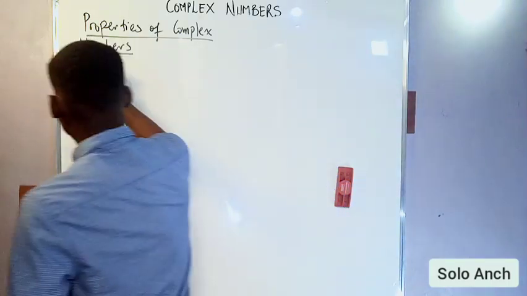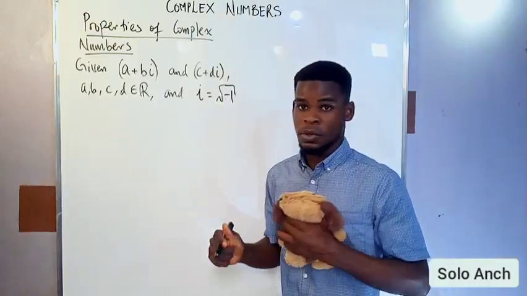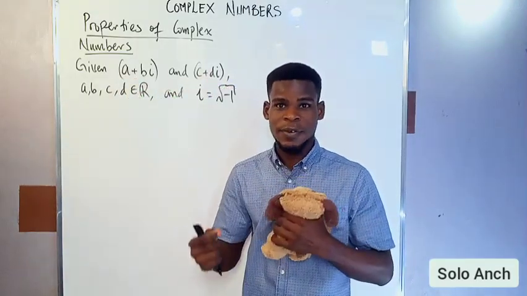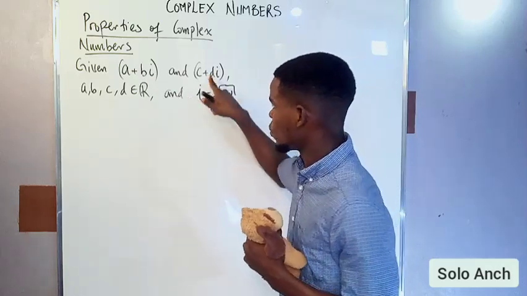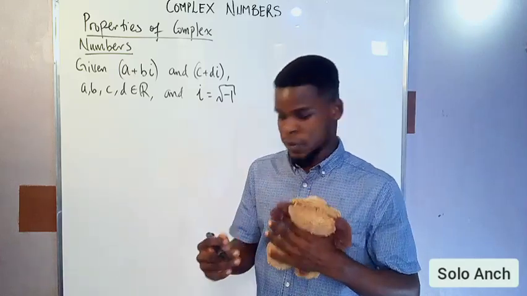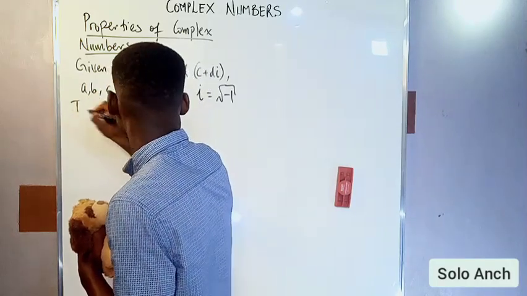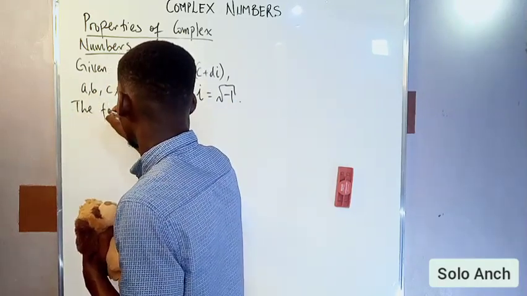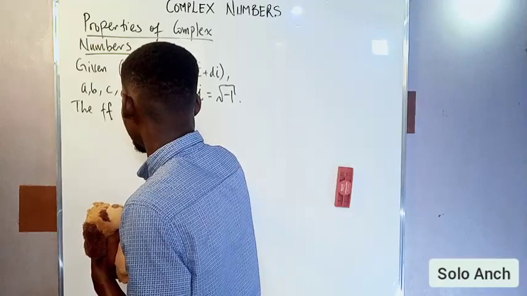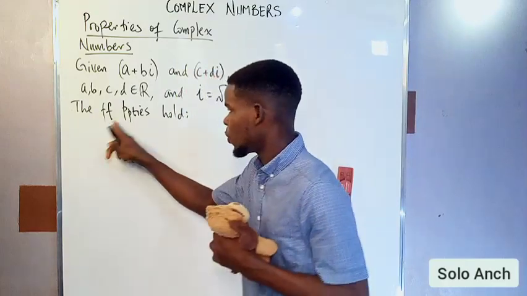Let me start off by saying, if you are given two complex numbers, this and that, where A, B, C, and D are real numbers, and the I in these two represents the square root of -1, the following properties hold.